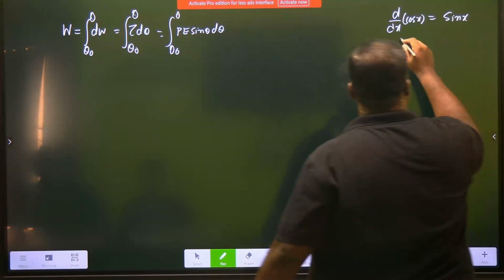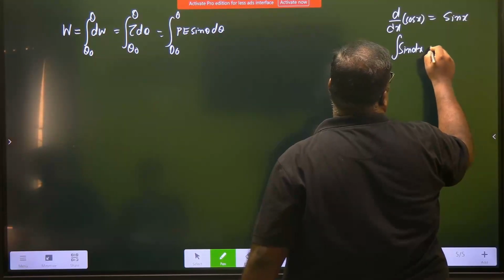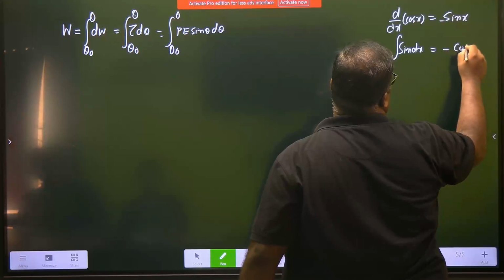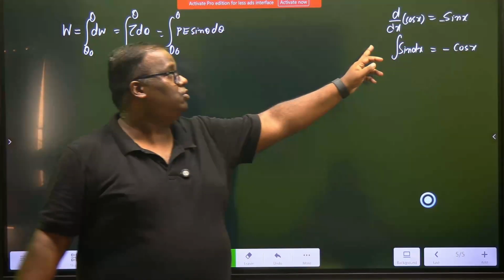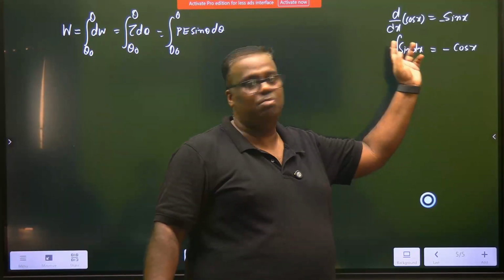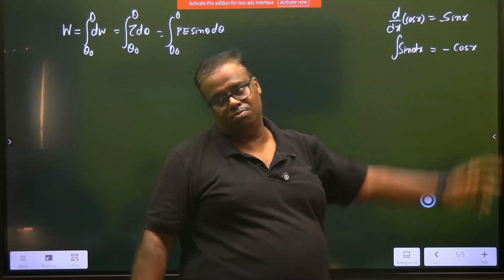That means if I integrate sin x dx, I should get back what? I should get back minus cos x. See, d/dx of cos x is minus sin x, so you will be integrating basically minus sin x. Minus sin x will give you cos x. So sin x integration is minus cos x.